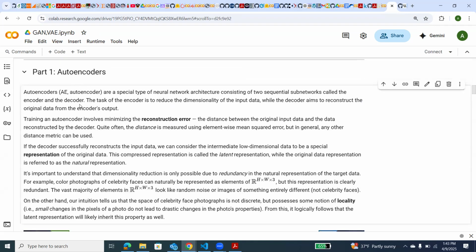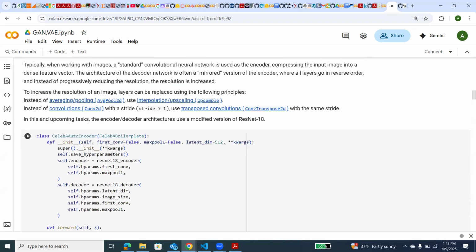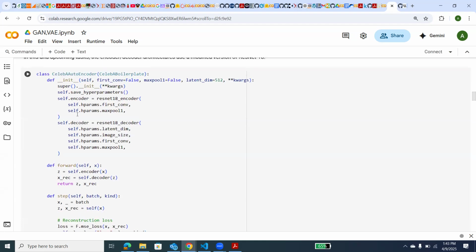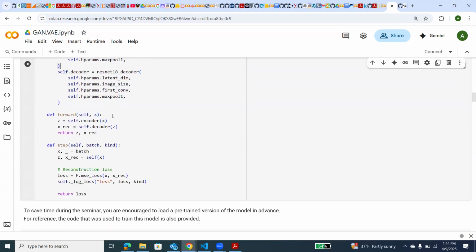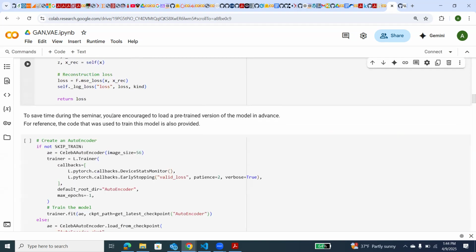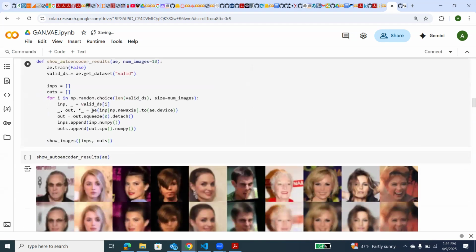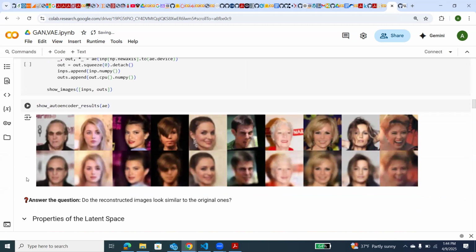So in the first part, we train just a simple autoencoder, just a neural network. Here we use ResNet as the encoder. Here are the results: the input images and reconstructed images.